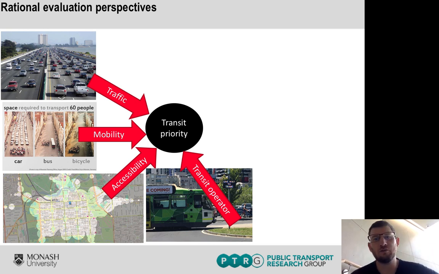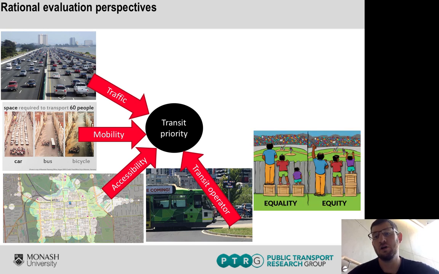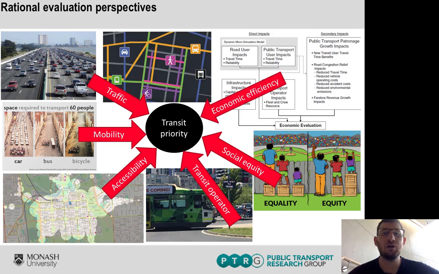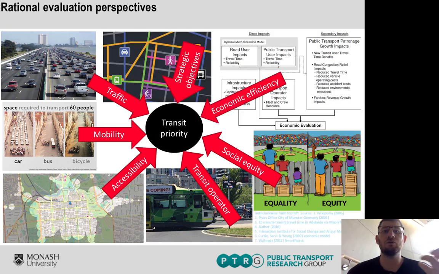In the case of transit, we can look at it through the transit operator. So, let's try and put in bus lanes so that it's easier to move the buses around and the transit operator doesn't have to have as many buses. Social equity, economic evaluation, and strategic objectives. These are all frameworks essentially through which to do your rational evaluation.